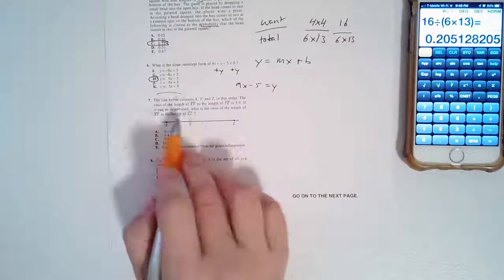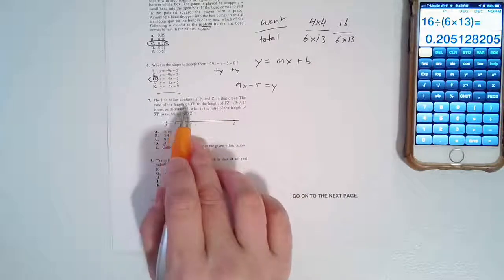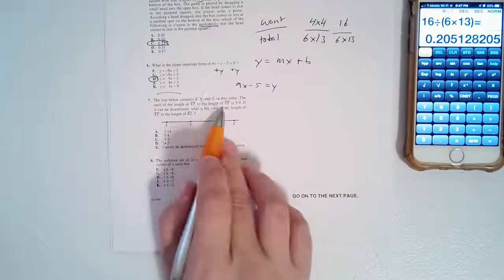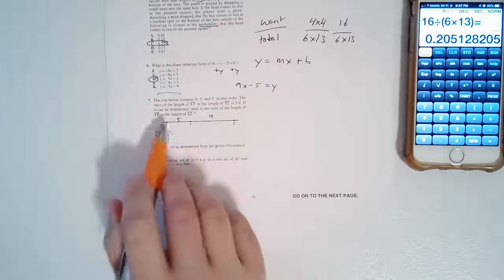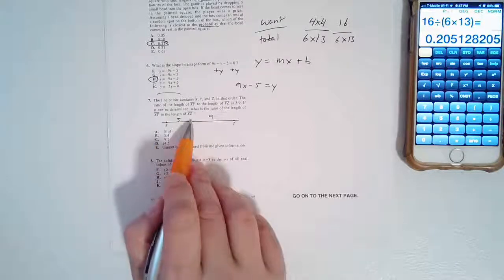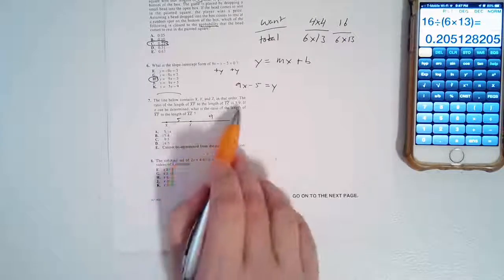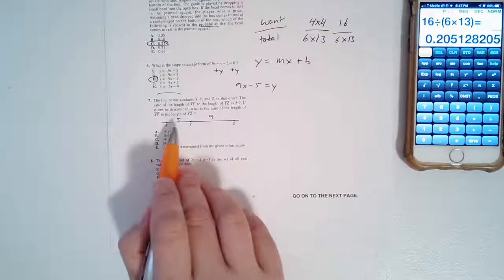The line below contains x, y, and z in that order. The ratio of the length of xy to yz is 5 to 9. If it can be determined, what is the ratio of the length xy to the length xz?